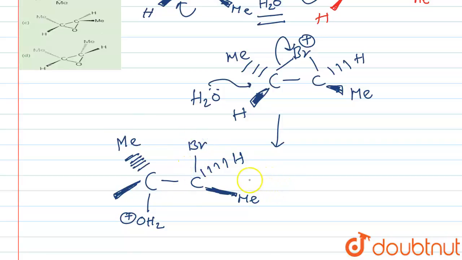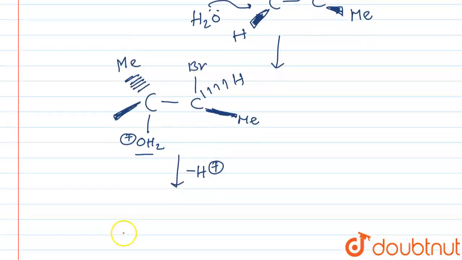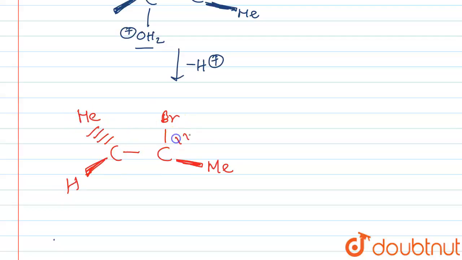Now one of the H plus ions is removed from this part, releasing the H plus ion, and it forms this type of compound. We have bromine, a methyl group, a hydrogen, and down the group methyl and hydrogen, and now we have a hydroxyl group.